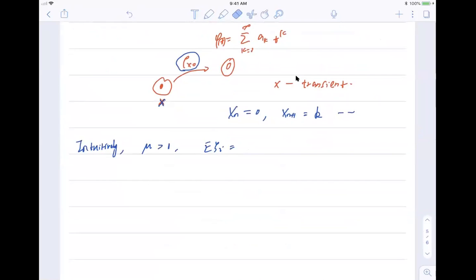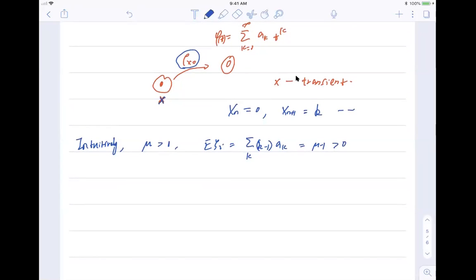Since psi i has a distribution which is k minus 1 times k, and we sum up, this is just mu minus 1. This is positive. So the process we get, xn, actually equals psi 1 plus through psi n.